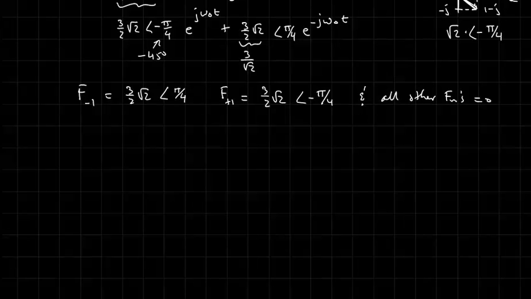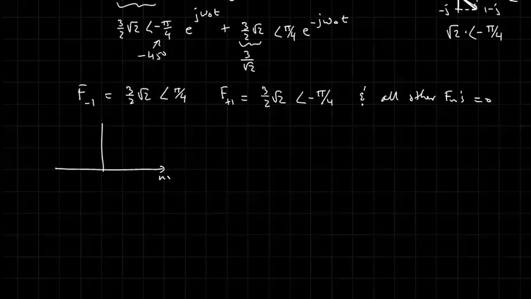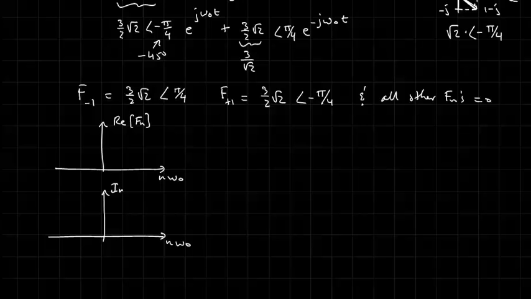So how would we plot that? We could plot n omega naught, and do the real part of f of n, and then plot the imaginary part of f of n.